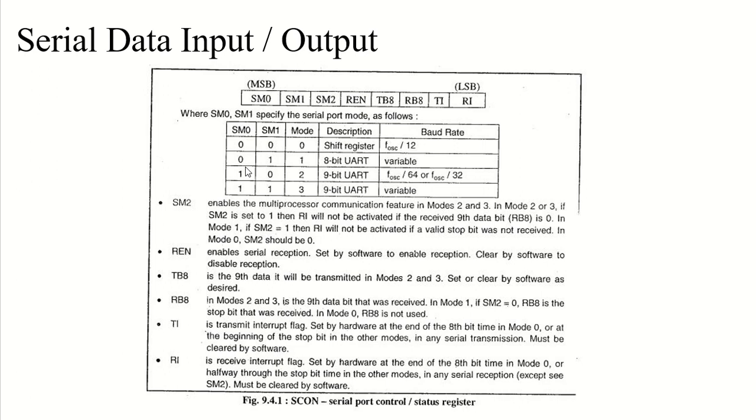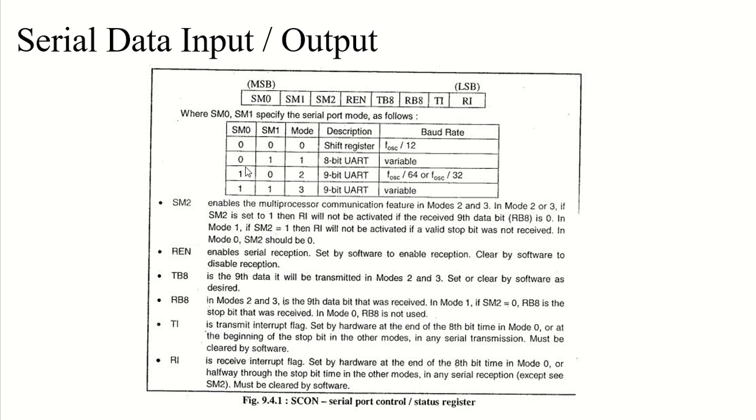When we use SM0 as 1 and SM1 as 0, we enter mode 2, a 9-bit UART, and the baud rate would be FOSC divided by 64 or FOSC divided by 32. And in the third mode, when both SM0 and SM1 are 1, it would be a 9-bit UART with a variable baud rate, right?